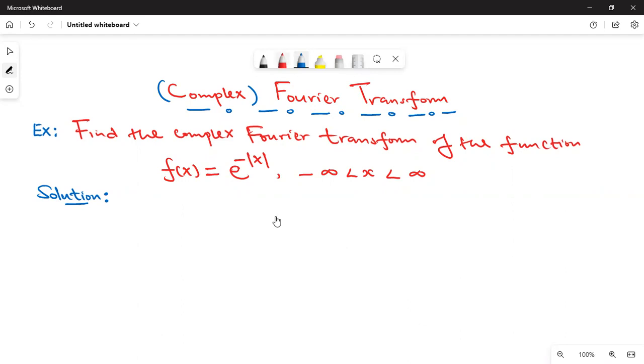Solution. First of all, we need to know how to split the given function. So, split the absolute value function.